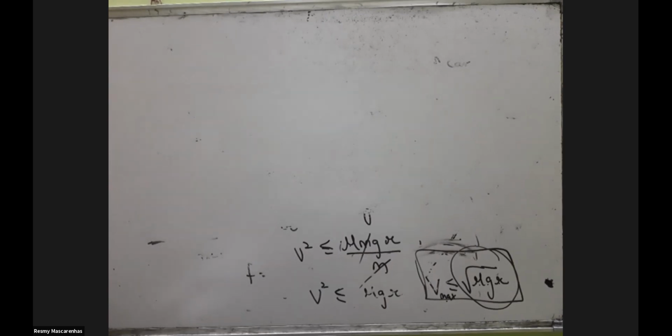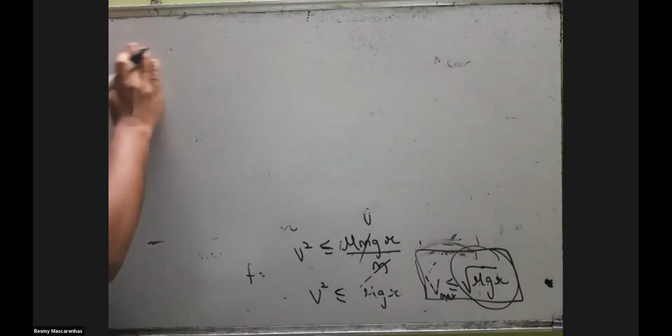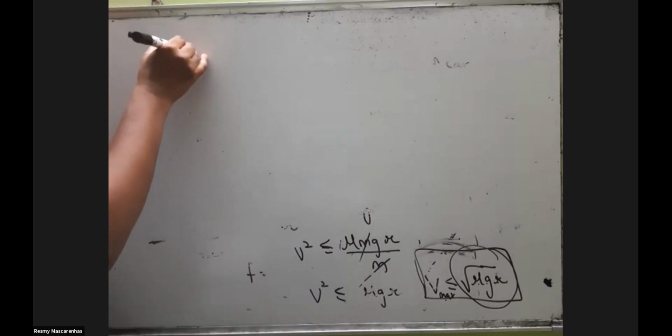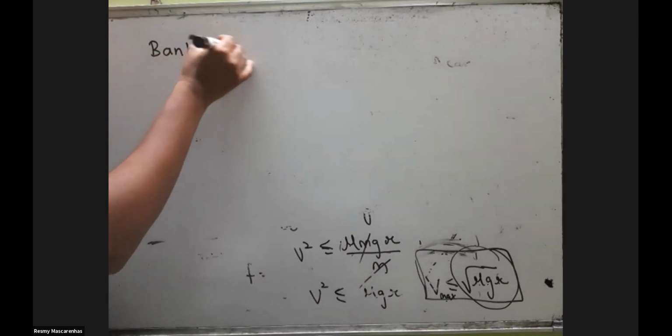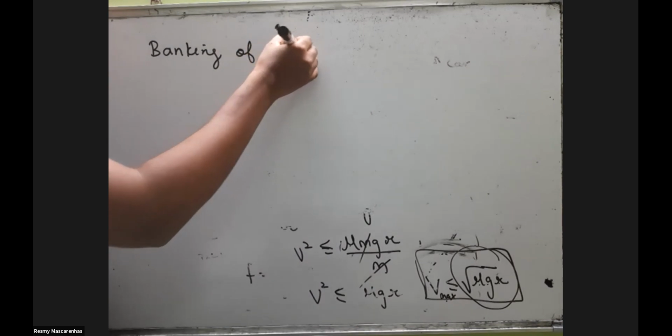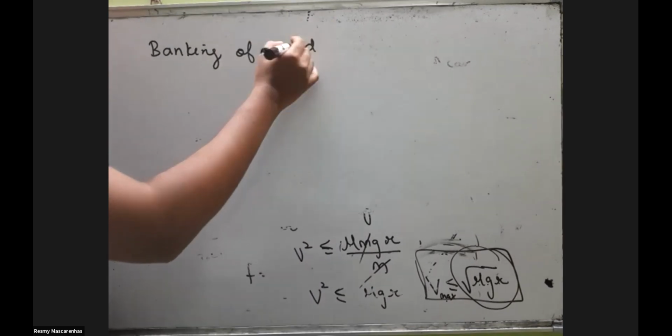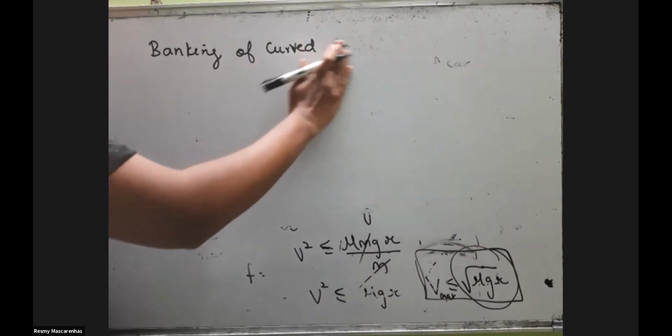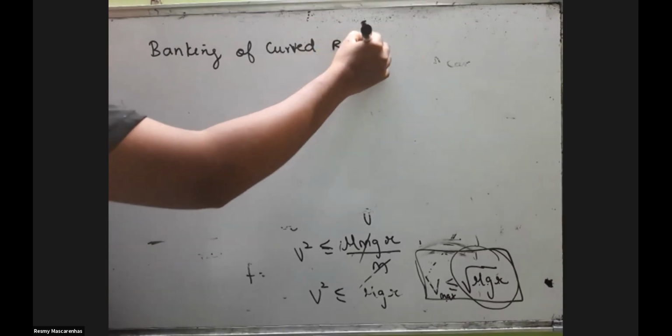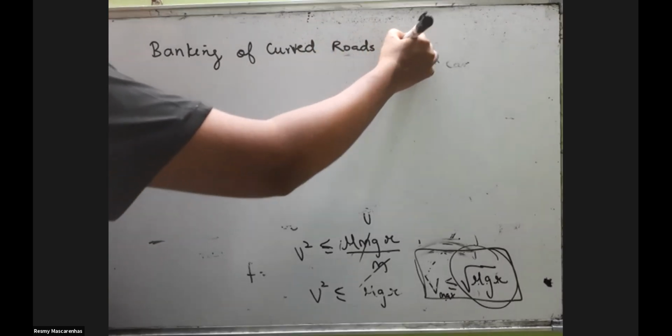Next, one more derivation is there: curved road, or also called banked roads.